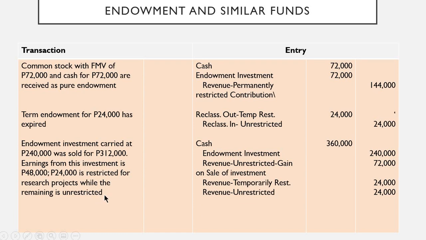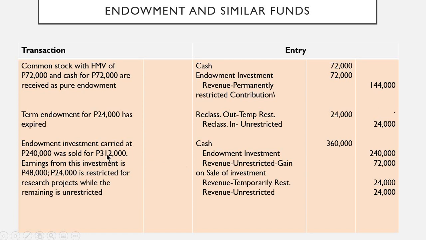So the journal entry would be a debit to cash, siyempre 360,000. Paano kinuha? The 312,000 proceeds from the sale of the endowment plus the 48,000 income from such endowment investment. Okay? So that's 360,000 cash. Credit ka for the endowment investment, the carrying amount na 240,000. Credit revenue unrestricted. Okay? This is for the gain, no? Okay?